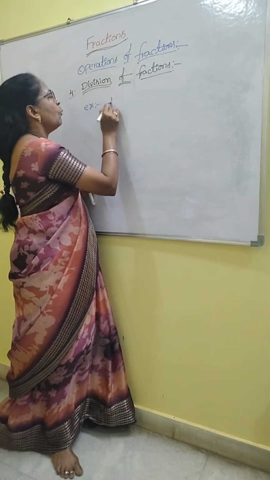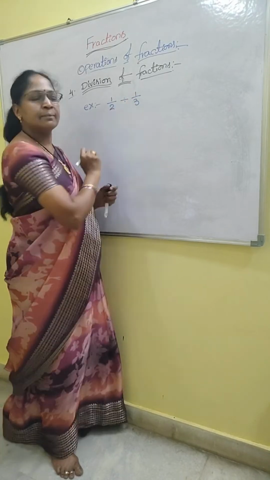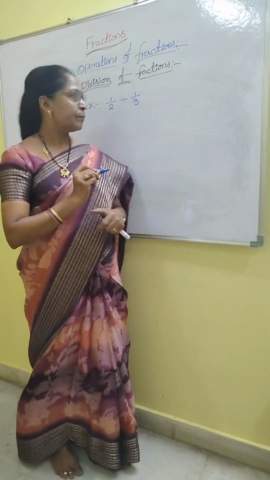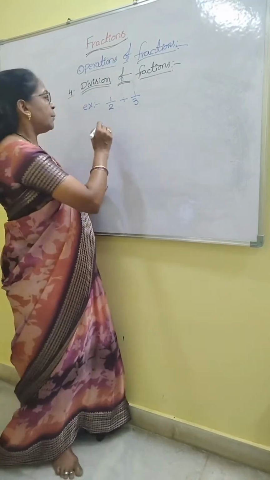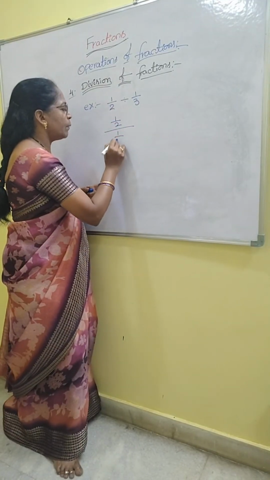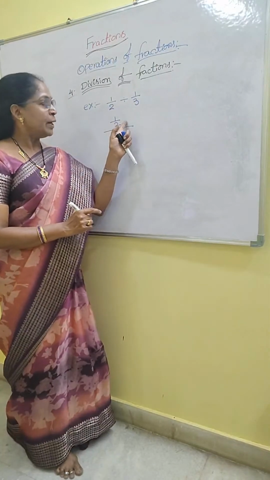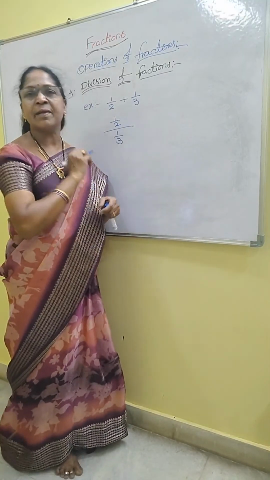Let us start. 1 by 2 divided by 1 by 3. Here, the numerator and denominator are both fractions. Now we are learning the division of fractions only.